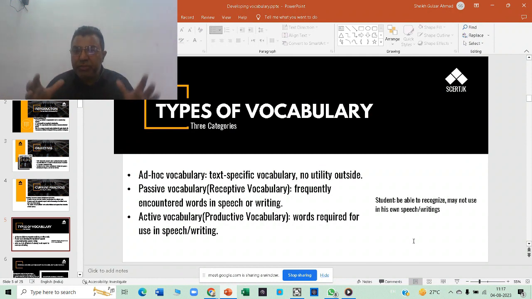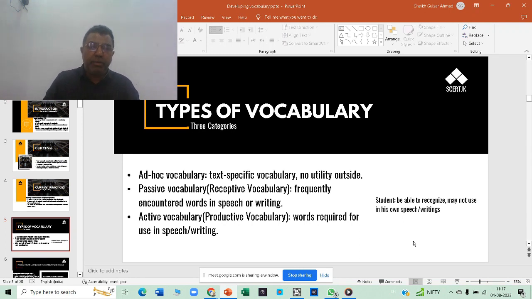But we don't regularly use them in our speech. When we are interested to write a column, a notice, we don't write these words. But the moment we see them, we recognize them. Perhaps we understand their meaning, but we don't use them in our writing or speech. Such words are called passive vocabulary.